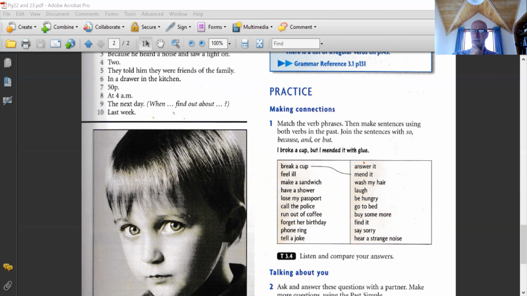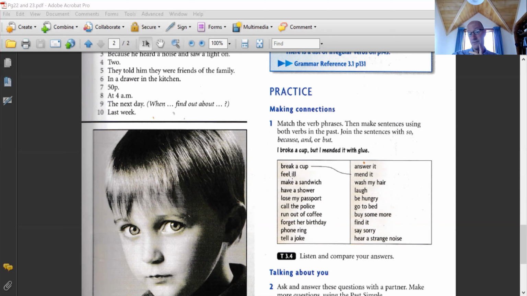Have a look at the next one, feel ill. So first part, what would it go well with? Feel ill, laugh, feel ill, be hungry, feel ill, go to bed. Yeah, that might work, yep. So now we need to change this word feel into the past tense. So what's the past tense of feel?